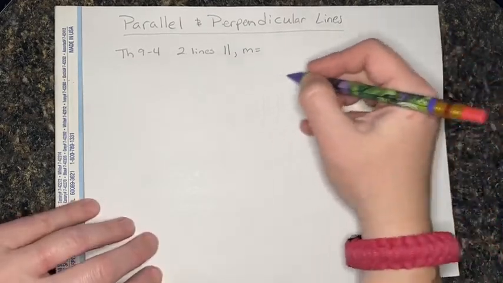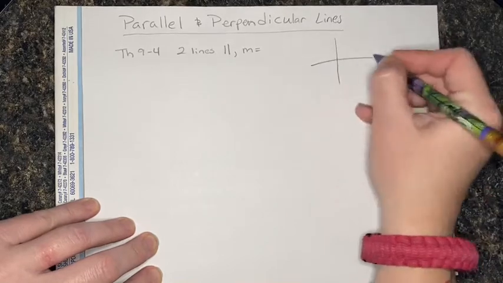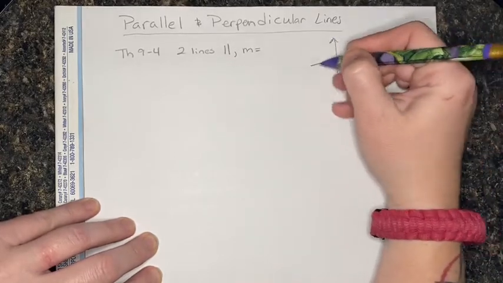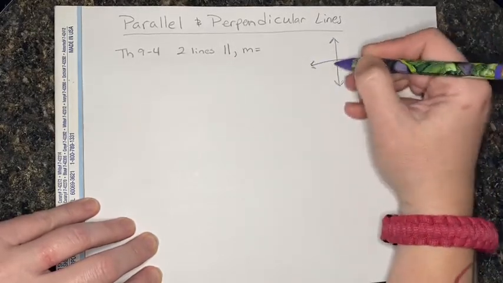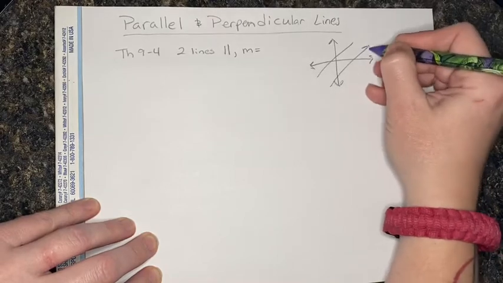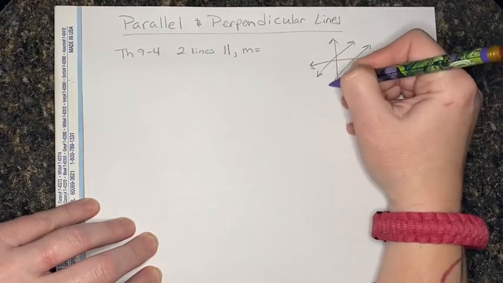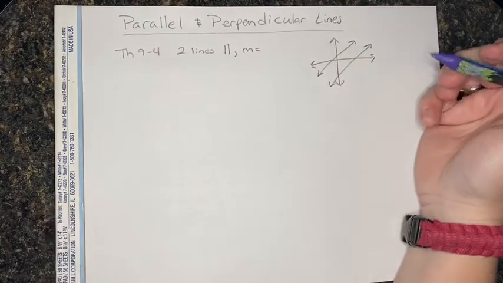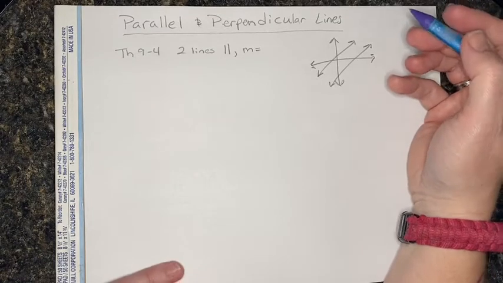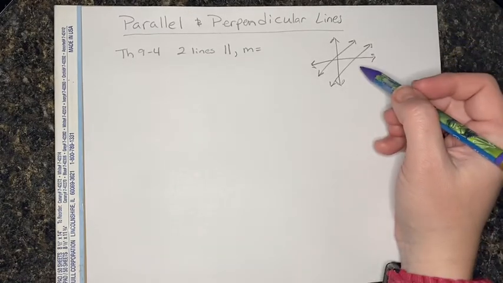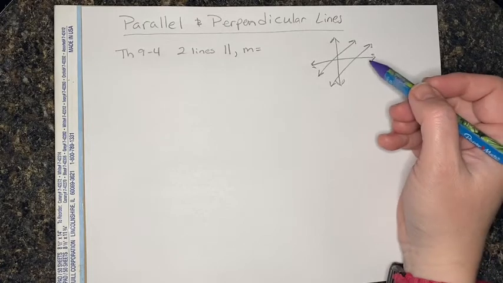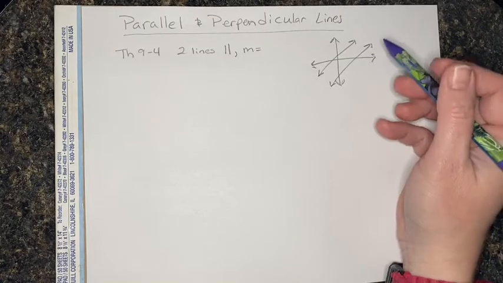So, coordinate plane. We've got two lines. Are they parallel? Aren't they parallel? There's lots of different ways we could figure out whether or not these lines are parallel.